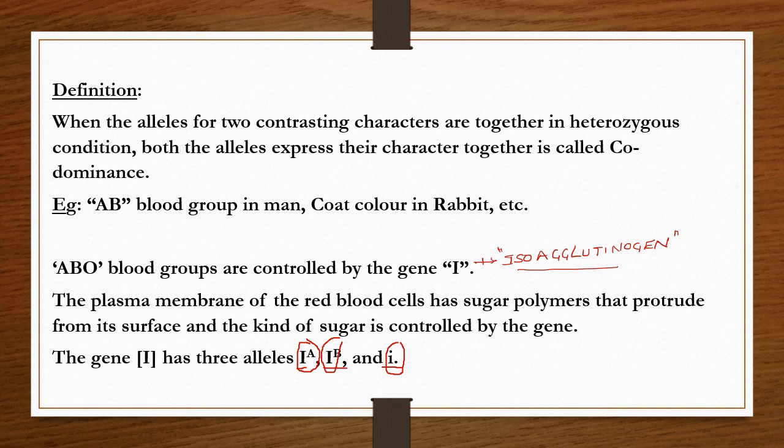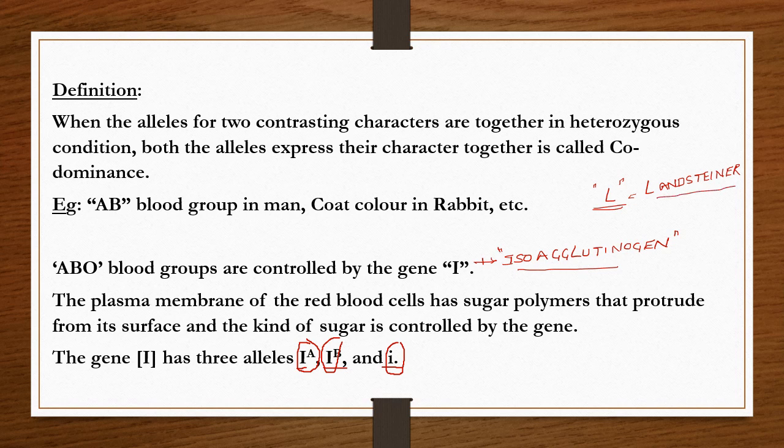In some books, for the AB blood group, instead of I, they use the letter L. The gene is represented with L instead of I in some books because of honor towards Landsteiner. He is the scientist who discovered the blood groups, so he is the father of blood groups.